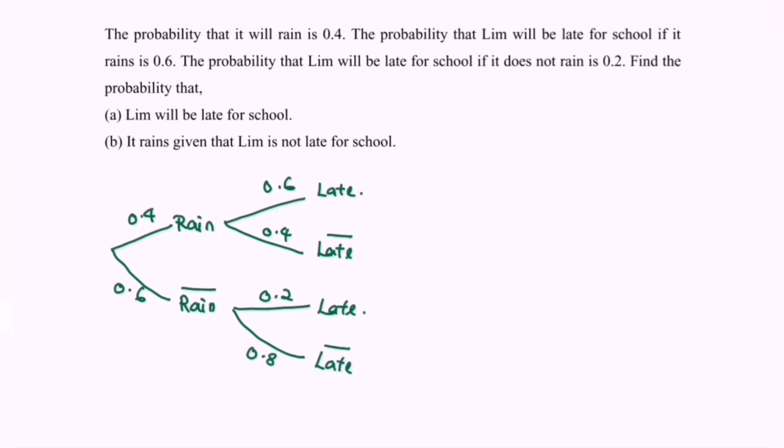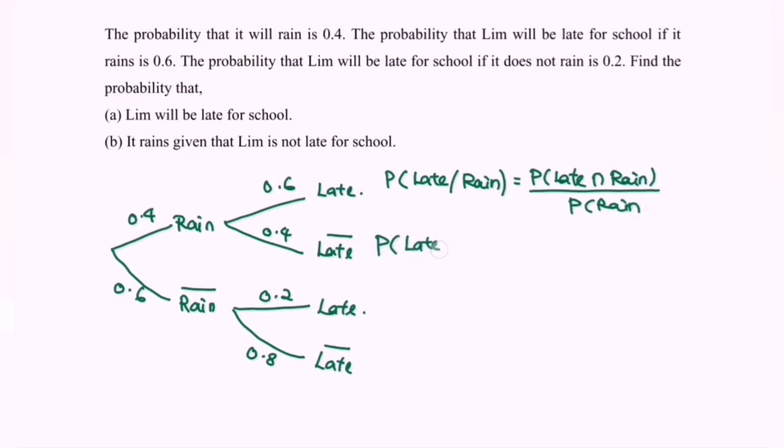So rewrite the situation. The probability of late given that it is rain, we can express as the probability of late intersect with rain over the probability of rain. Next, we have the probability of late complement given that the situation is rain.